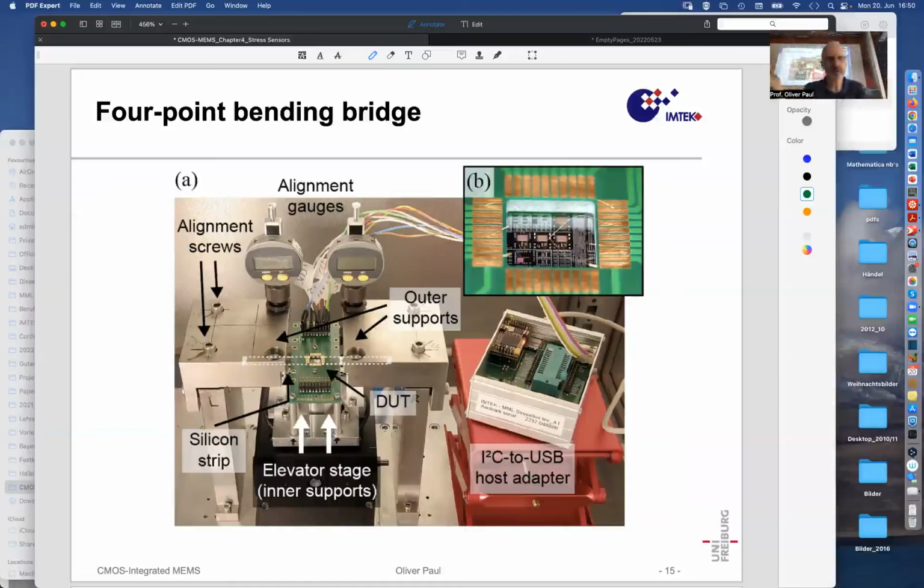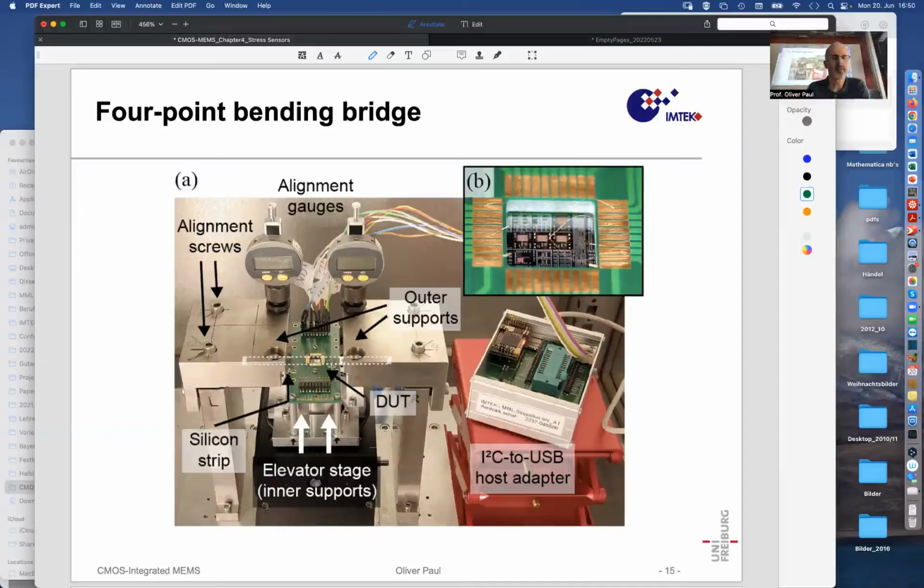Because you would like to make some electrical measurements at the same time, the silicon stripe has to be electrically contacted to some PCB that you see here. The PCB has a hole. It has electroplated gold contacts, and then wire bonding is done to connect the structure being calibrated to these contacts, and then to the external instrumentation that sits out there.